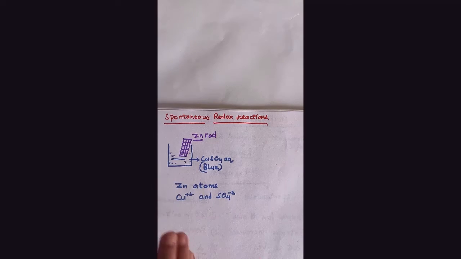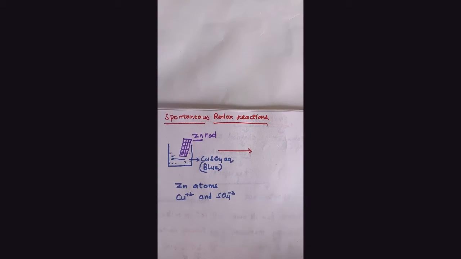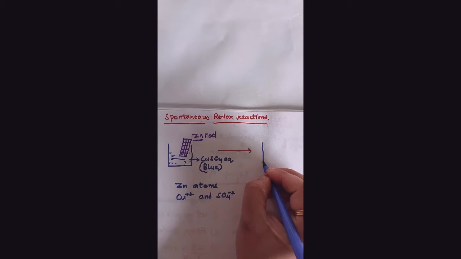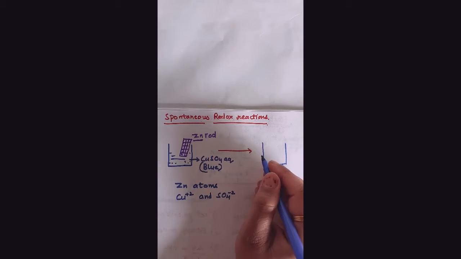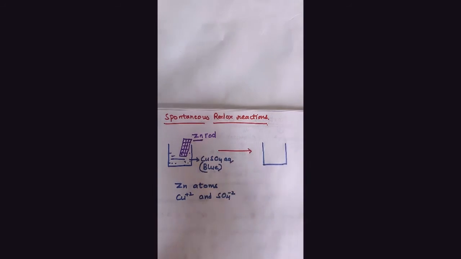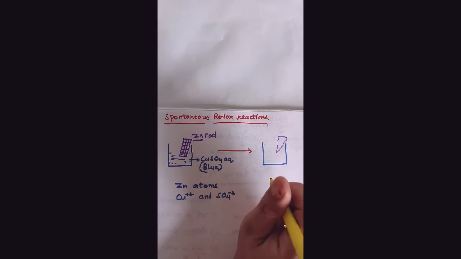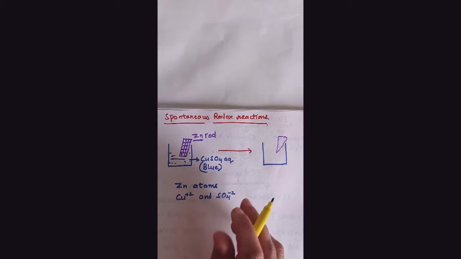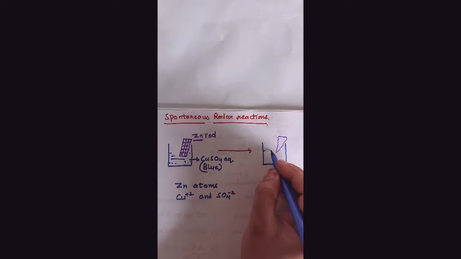Now with the passage of time, what you will observe is that the weight of this zinc rod will decrease, and the bluish color of this copper sulfate solution will go on decreasing.